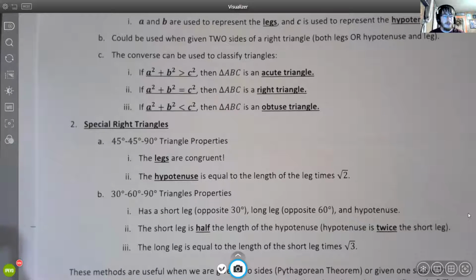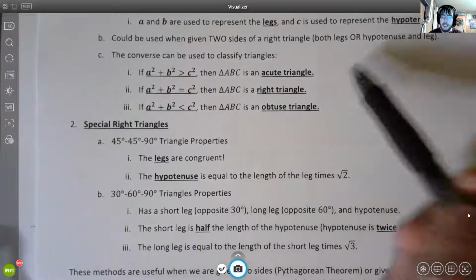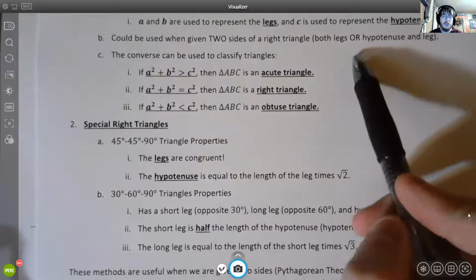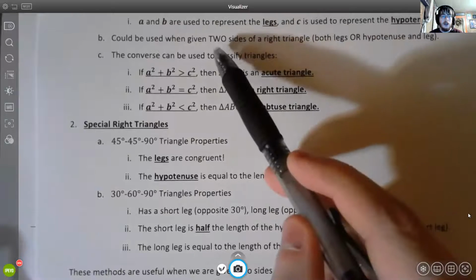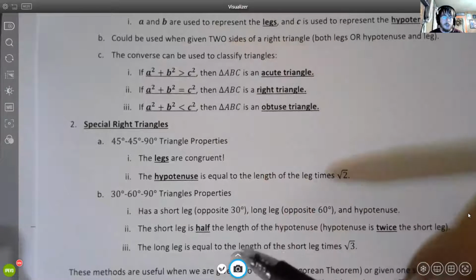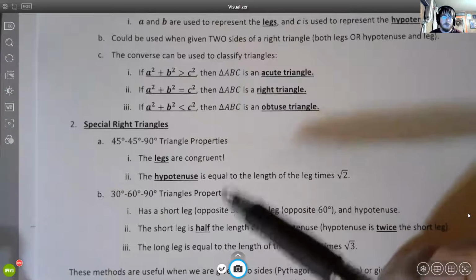And the good thing about these special right triangles is that they can be used to find the other two sides when only given one side. That was a shortcoming of the Pythagorean theorem. You couldn't necessarily find another leg or a hypotenuse if you didn't already have two sides of the right triangle.